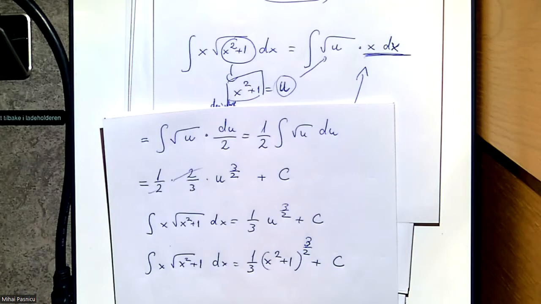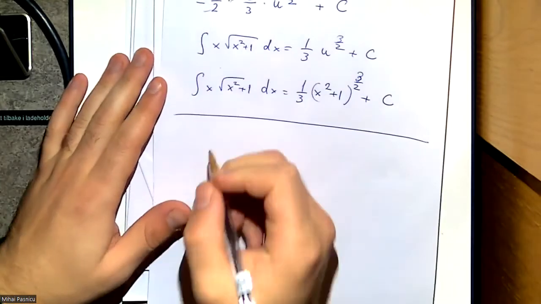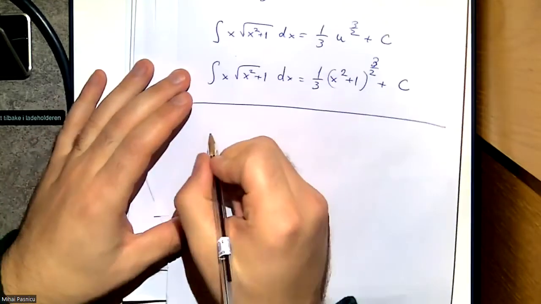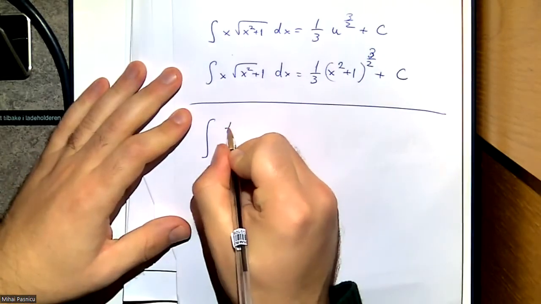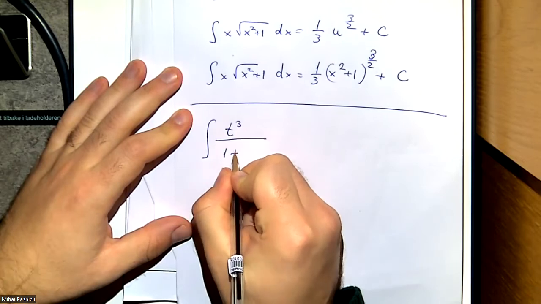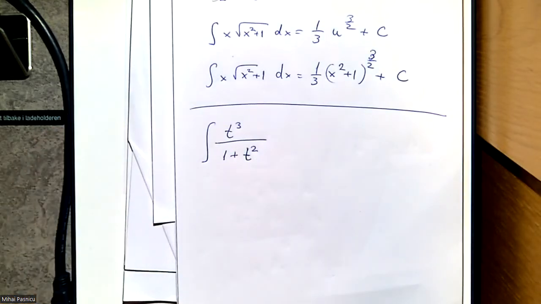Yeah, let's take another example. Let's do a fraction, maybe. It's fun. Let's take this fraction. Yeah, I like it. You have to remember that the whole exercise here is getting the practice to know where and how you can do the substitution.